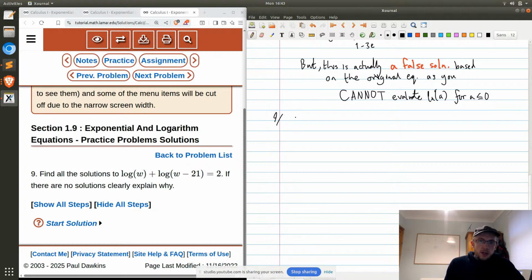I wonder if this will be another trick. Common logs, but they're being added together, so we can just multiply the arguments. Exponentials of both sides.